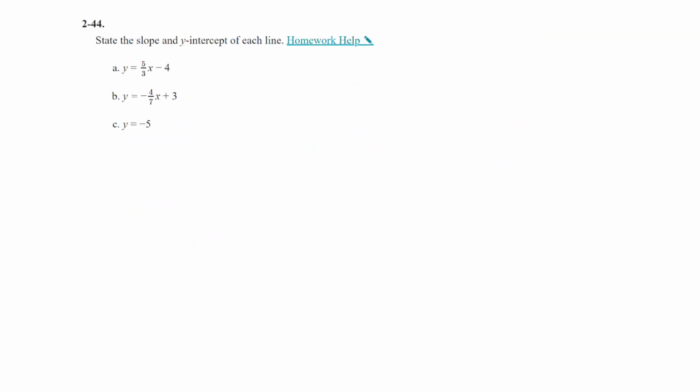On question 44, state the slope and the y-intercept of each line. So since they're written in the form y equals mx plus b, as a reminder, m represents your slope or growth rate, and b represents the y-intercept, or at least the y-coordinate of the y-intercept.